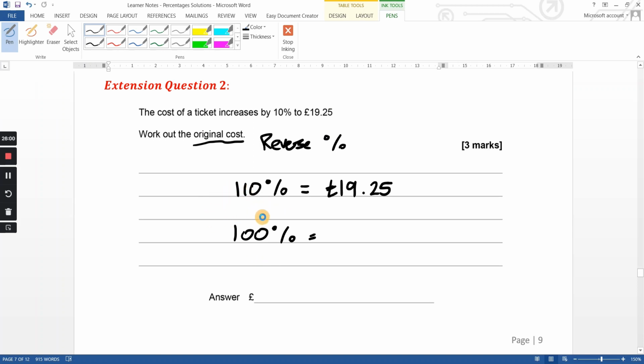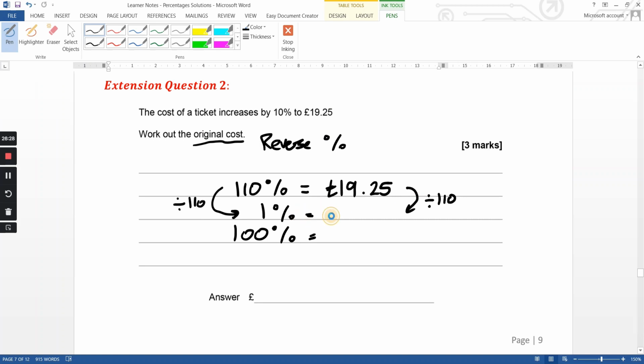Well, I do a step in between. I like to work out 1% first. So to get from 110 to 1, I'll have to divide by 110. Yeah, I'll have to do the same to this side as well. So let's work that on the calculator. 19.25 divided by 110.